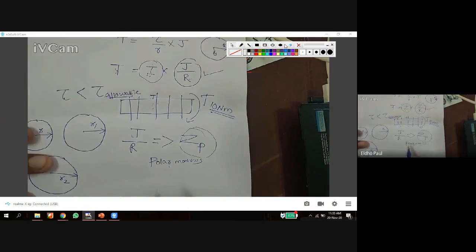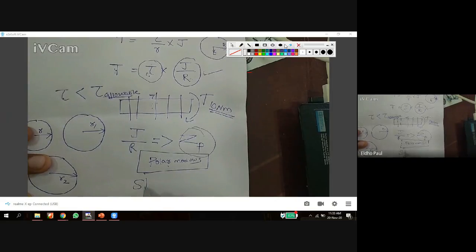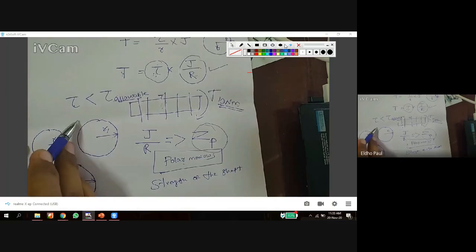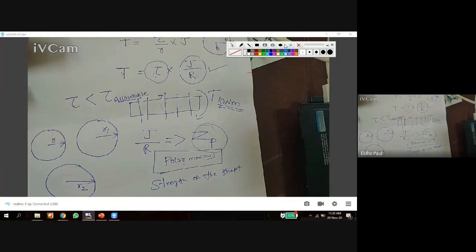So the polar modulus directly gives the strength of the shaft. If for a particular cross section the polar modulus is higher, then we can directly say the strength of that cross section is also higher. So while designing a shaft, you have to select a cross section with a higher polar modulus.